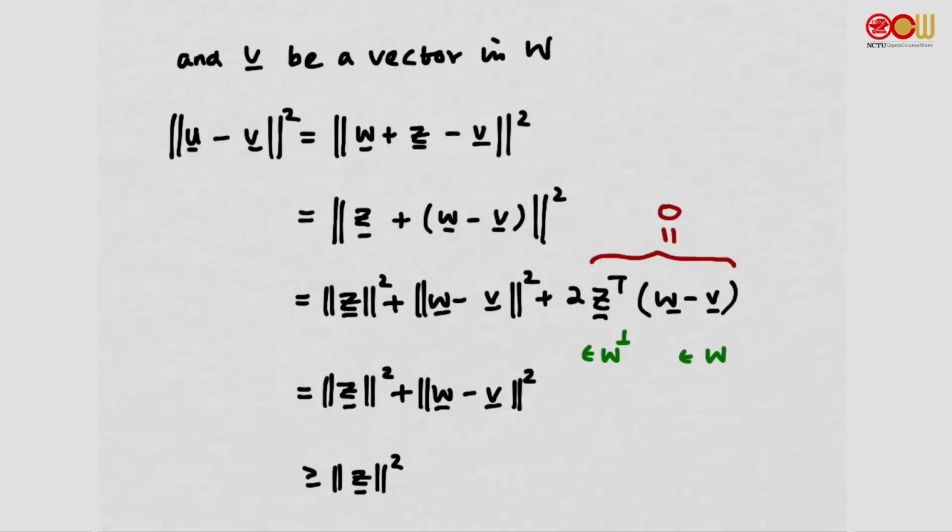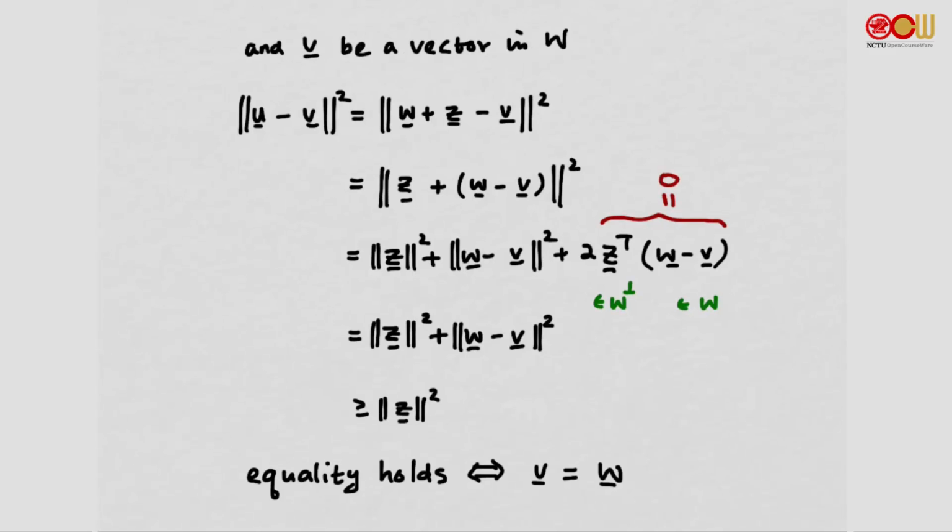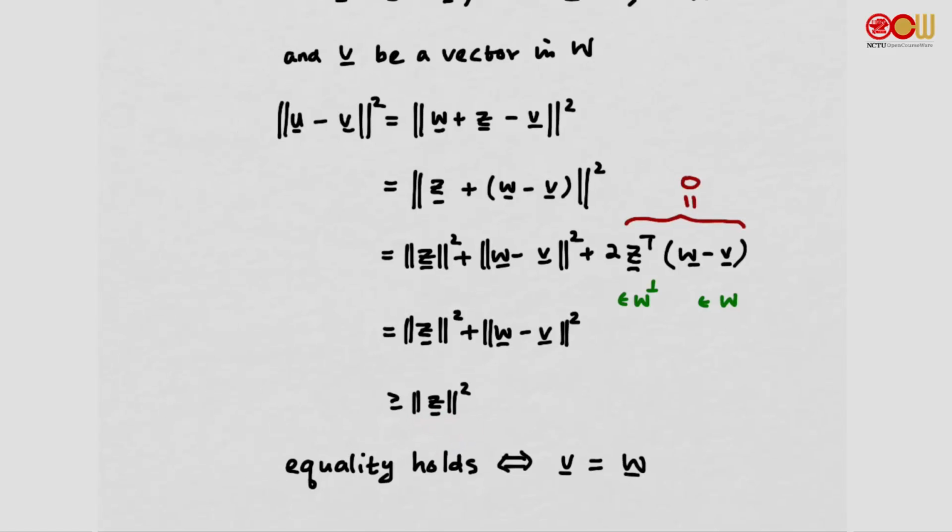And when does equality hold? Equality holds if and only if this is the zero vector, if and only if v is the same as w. So by choosing v to be equal to w, we can achieve the minimum.